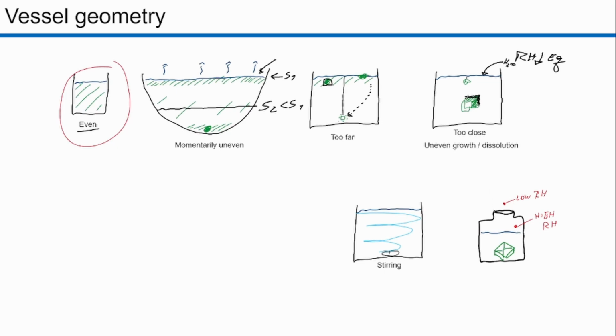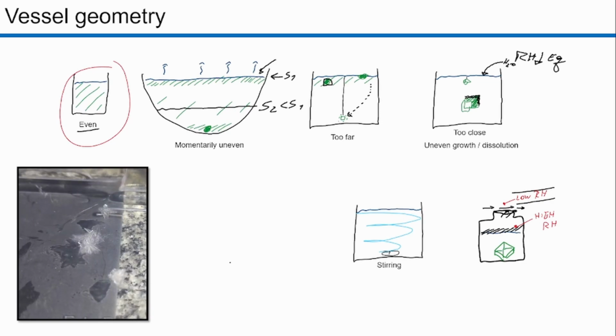Meaning, let's say this arrangement is in a low relative humidity environment. Since the water molecules can't make a good exchange over here, you have a high relative humidity near the surface, even if you are in a low relative humidity environment, if the vessel has a smaller opening.